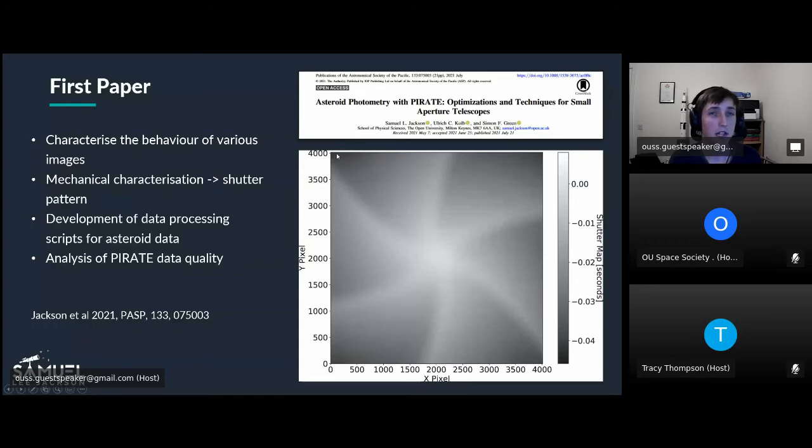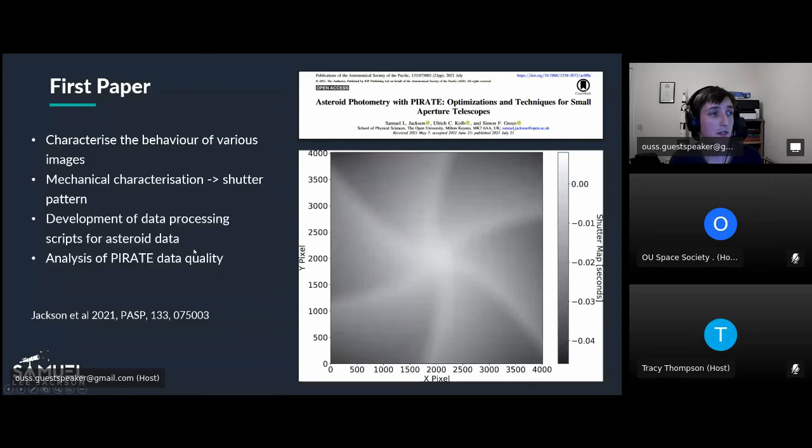Now, the ones up here in the top left are the last to be uncovered and the first to be covered back up. So when you take short exposures of your camera, there is actually a difference in how long certain pixels have been exposed to the night sky for. And you need to be able to correct for this and understand where it's happening in your data, because otherwise your scientific results could be modified by this shutter effect.